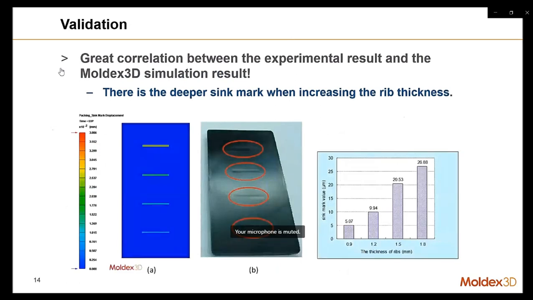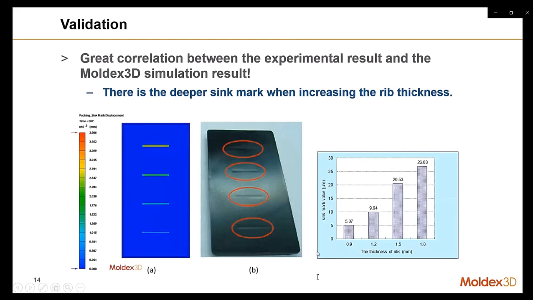And then we do the measurement on our injection molding part to measure the sink situation on our part. On the left-hand side, this one is the simulation result. This one is the sink mark displacement, and it shows us how deep the sink mark is in this area.